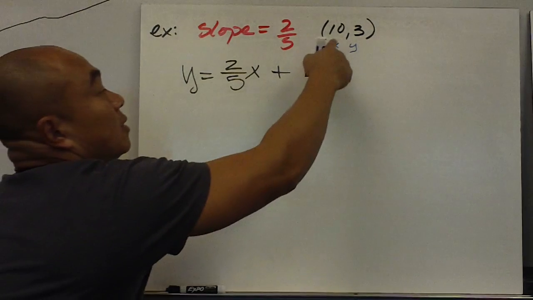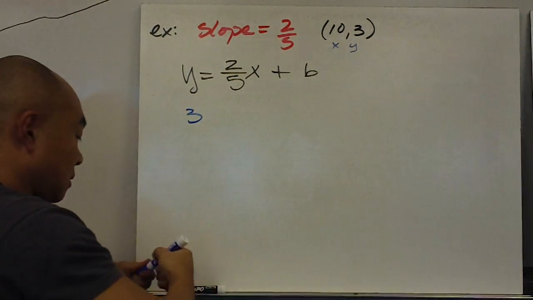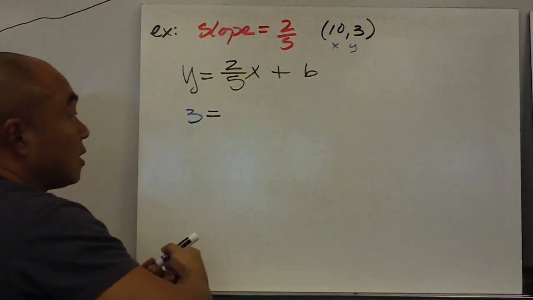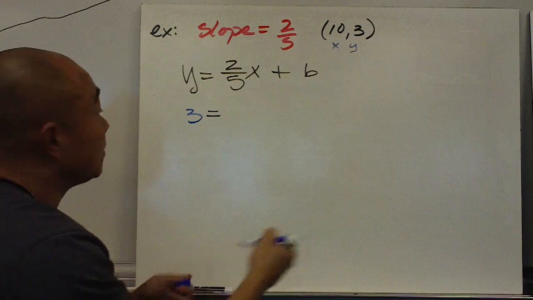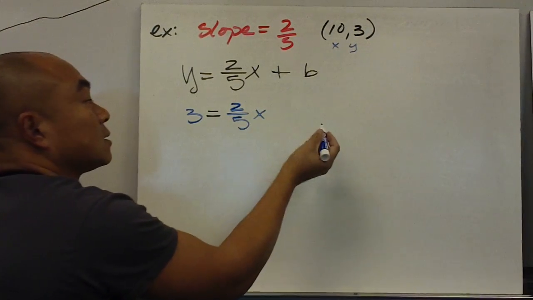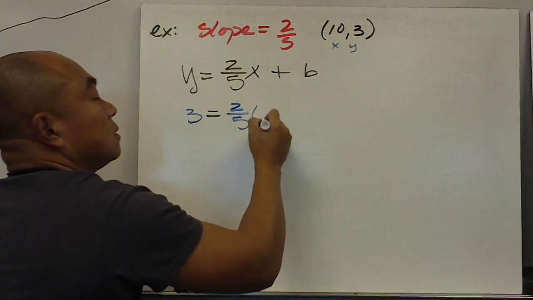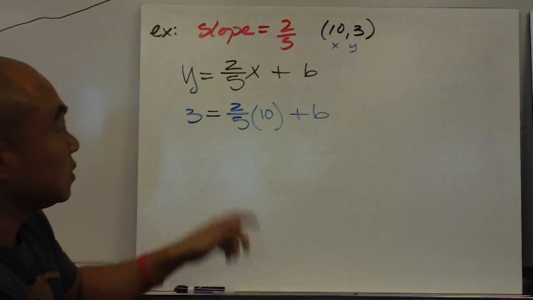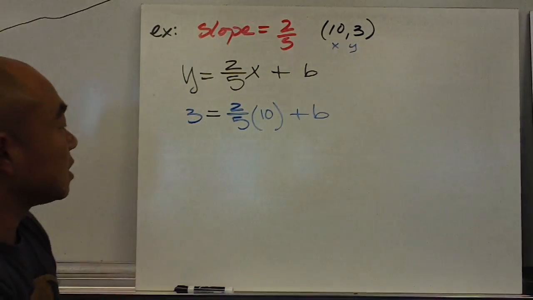I'm going to put my 3 into my y, and that's equal to 2/5 from our slope, times x, since we know what our x is, and then plus b. This is going to give us the value of b, which is the y-intercept. So let's solve this out.